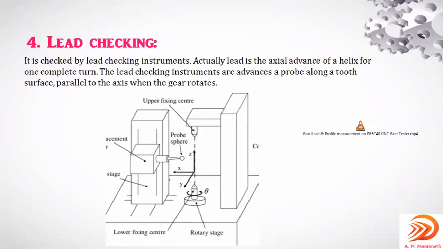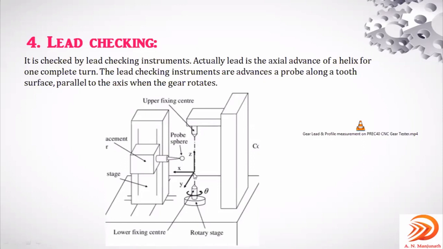You can observe here, the lead checking instrument looks somewhat like this. Lead means the axial advancement of the gear tooth in one complete rotation, in one complete turn. The lead checking instrument advances a probe along the tooth surface.